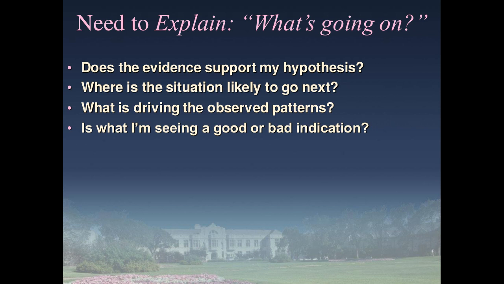This is a particular challenge for two big issues, and I alluded to them earlier in response to Gabrielle's question. One is we need to explain what's going on. We're often interested in health sciences in understanding, okay, I have some hypothesis about what's going on in the world. Does the evidence that I have recourse to support that hypothesis? Where is it likely to go next?